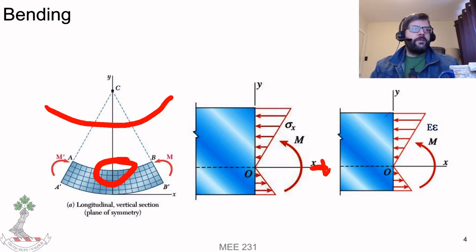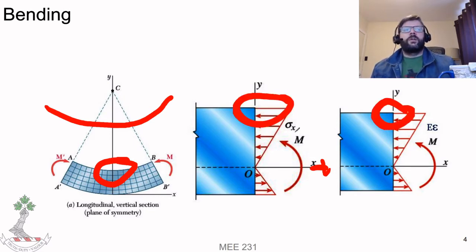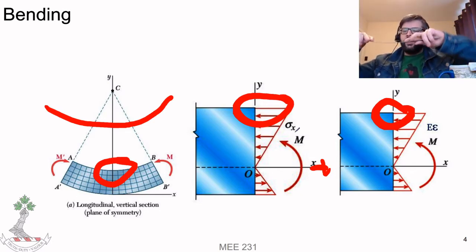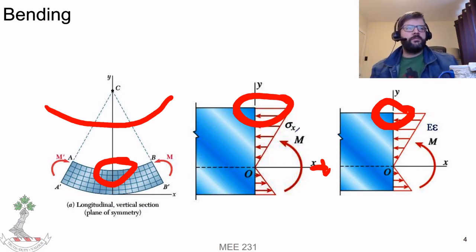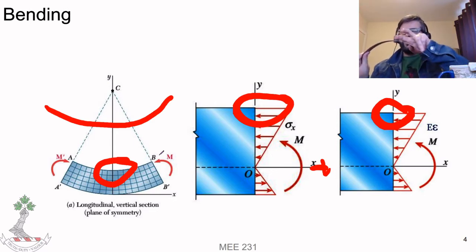So they're going to have a negative strain and a negative stress induced in order to cause that negative strain. When you bend it up, they're getting squished together at the top, and they're getting pulled apart at the bottom. That's when we have a positive moment. If we have a negative moment, the opposite happens. We're getting tension on the top, and compression on the bottom.